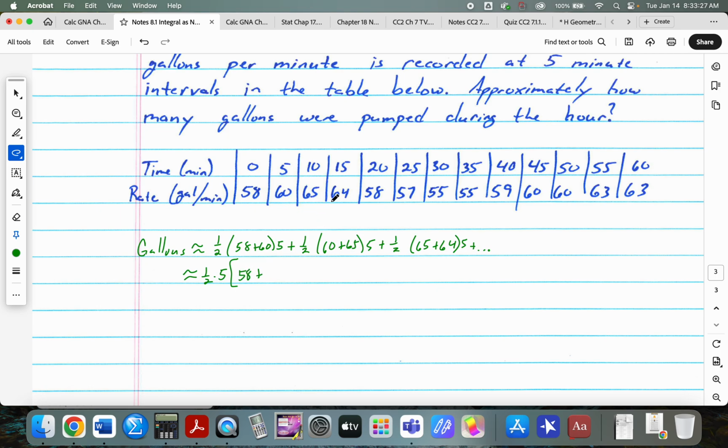But every other one, until we get to the end, we're going to use twice. So that's 2 times 60 because it's going to be part of the first trapezoid and part of the second trapezoid. Plus 2 times 65.